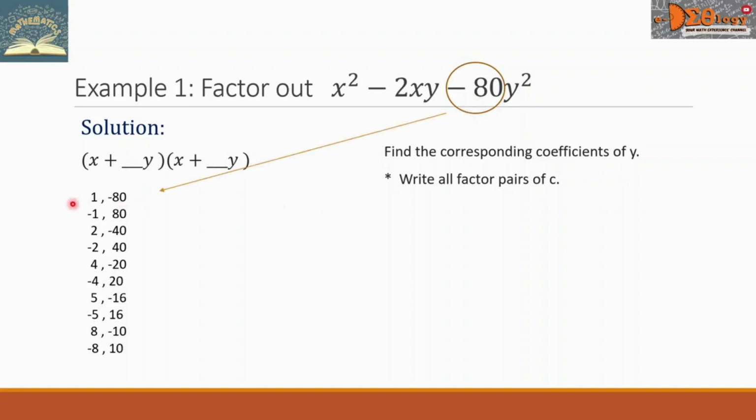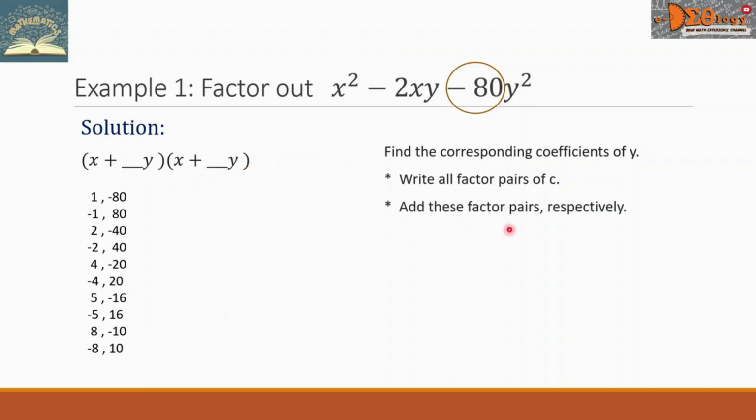We have 1 times negative 80, negative 1 times positive 80, 2 times negative 40, negative 2 times 40, 4 times negative 20, negative 4 times 20, 5 times negative 16, negative 5 times positive 16, 8 times negative 10, negative 8 times 10.